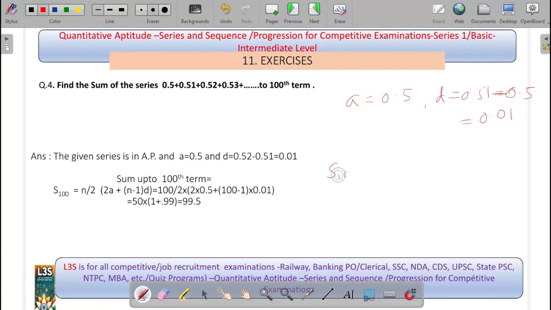So S100 is equal to n by 2, where n is equal to 100, into 2 into a, which is 0.5, plus n minus 1, 100 minus 1, into d, 0.01. If we simplify it, we'll get 99.5.